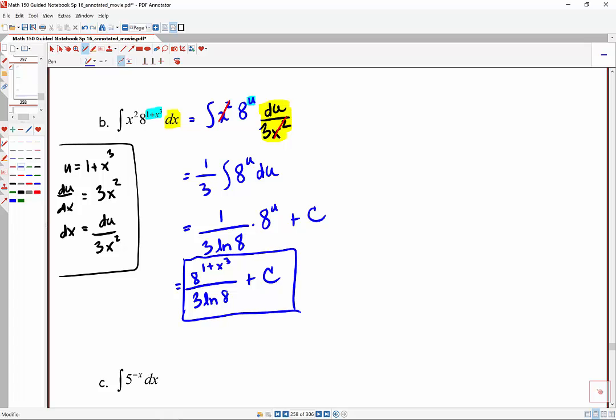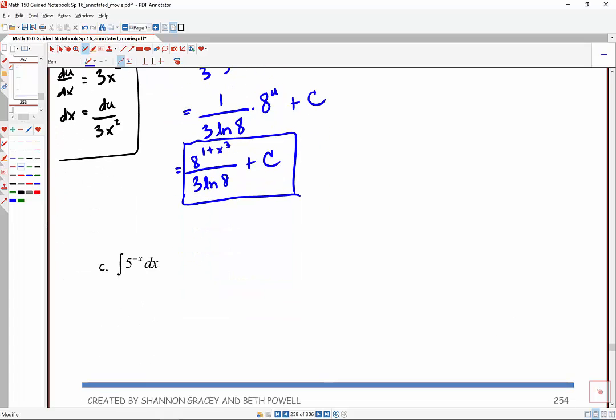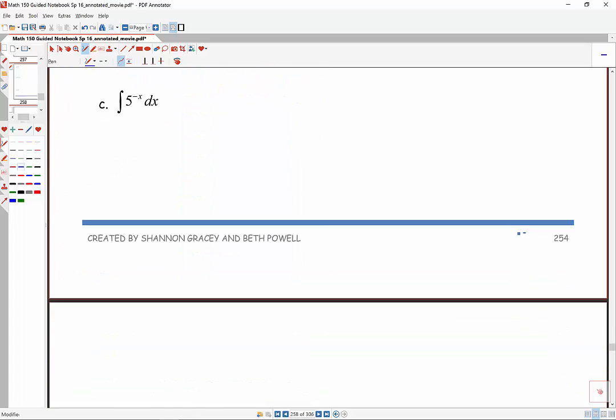Okay, so far? Great. All right, so what about this guy? Here, just a small u substitution. u is negative x. du dx is negative 1, so dx equals negative du.